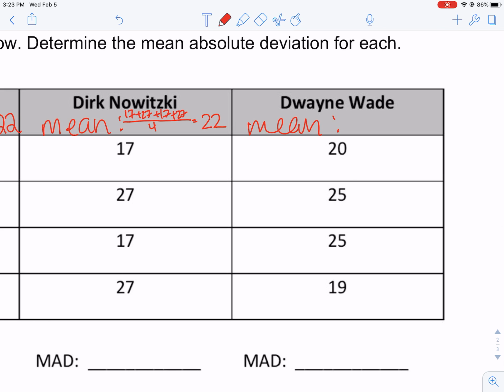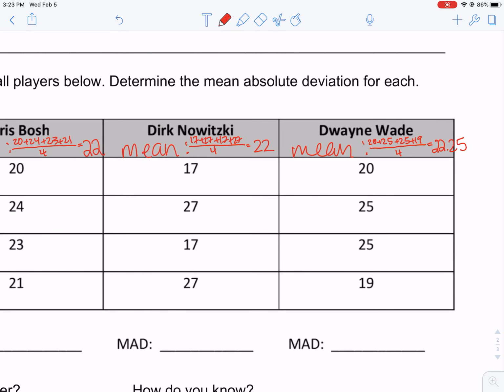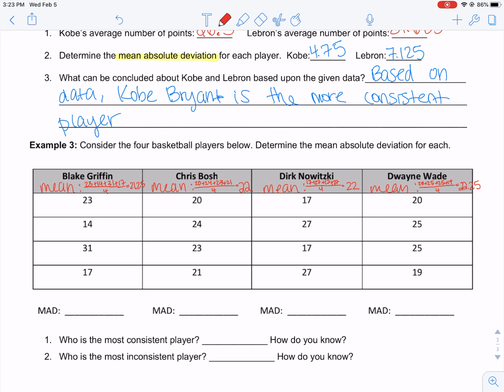And then for Dwyane, it's going to be 20 plus 25 plus 25 plus 19 all over 4. That's going to give you 22.25. All right, so I put the mean on the top, and then it's asking for the MAD for each.